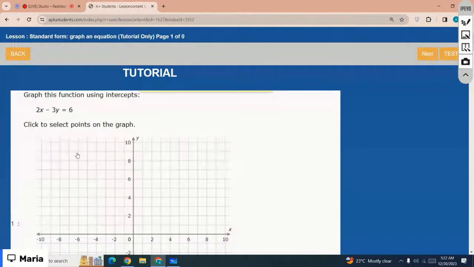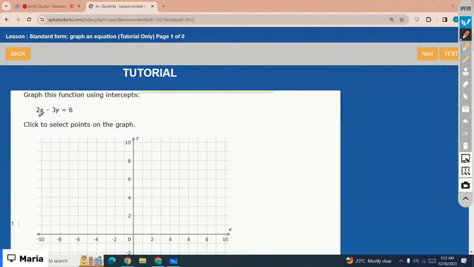Whenever you are given an equation in standard form, you can calculate its x and y intercepts. For example, you are given 2x minus 3y equals 6. For the x-intercept, you need to put y equals 0 in the equation. 2x minus 3 times 0 equals 6, so 2x equals 6, x equals 3.